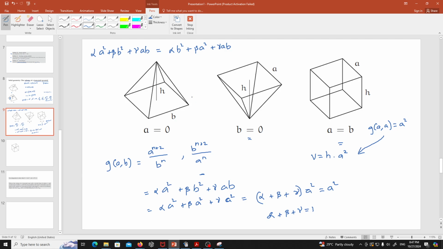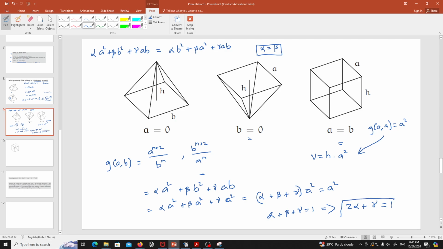If these two things are going to be same, then what I can say is alpha is equal to beta. If alpha is equal to beta, then from this equation I can say it's 2 alpha plus gamma is equal to 1.